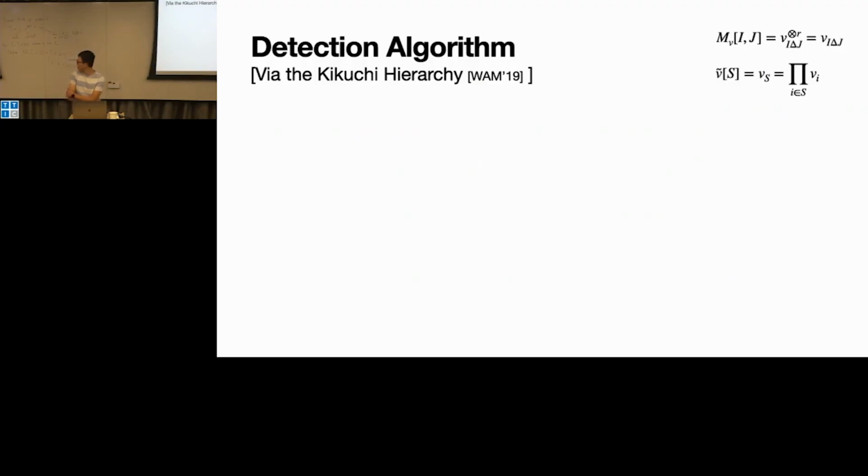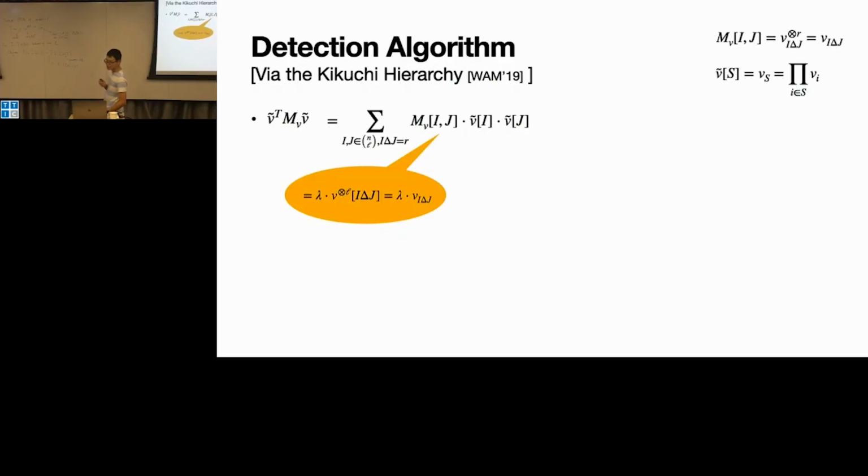Let's just expand it out. If you evaluate the quadratic form, this is equivalent to summing over all indices I, J, which are subsets of size L, such that they have this symmetric difference. Otherwise, M_IJ is going to be 0. Then we multiply by the corresponding V tilde I, V tilde J. Here's something we know from the construction of our matrix.